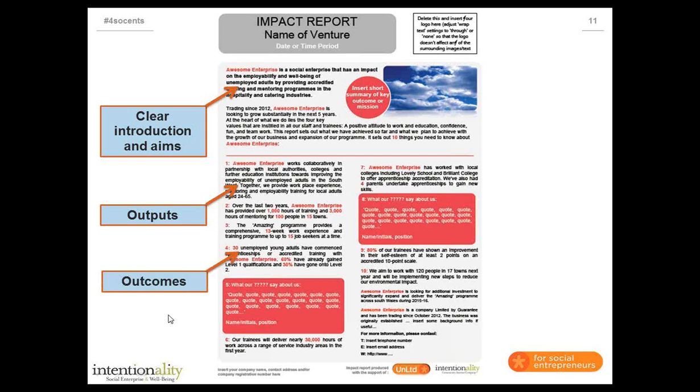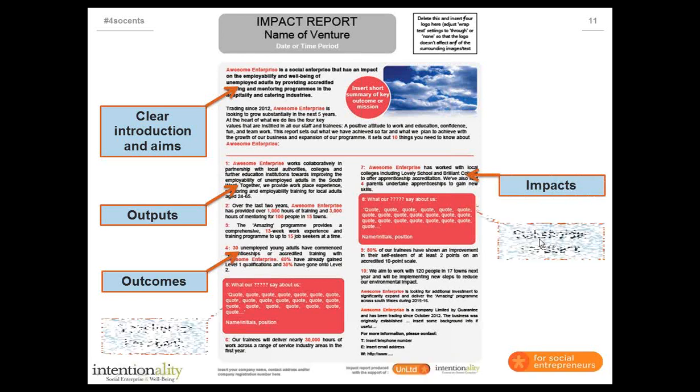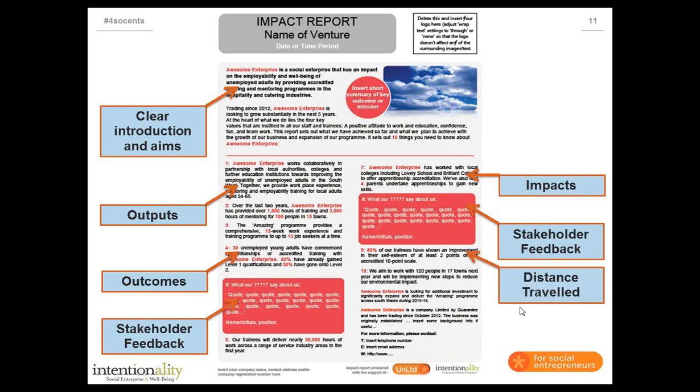Let's zoom through fairly quickly. The next one is impacts, which is point number 7 there. We've got stakeholder feedback. There in the red boxes, we've got distance travelled down in box number 9, and we've got something about targets and aspirations in number 10. So that's just to zoom out and give you the sense of the flow and the structure.